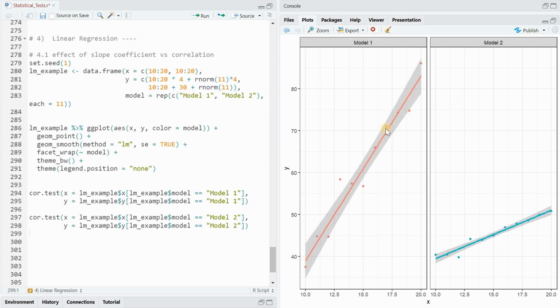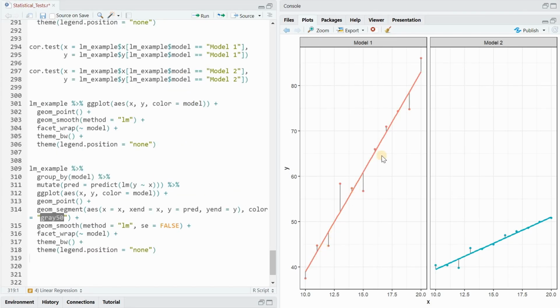It allows for more variation on the y-axis to still create the same correlation. So as you can clearly see, the deviation from the average slope is higher in model 1, but because the y values increase faster with x, this increased variation is allowed and you still get the same correlation coefficients.